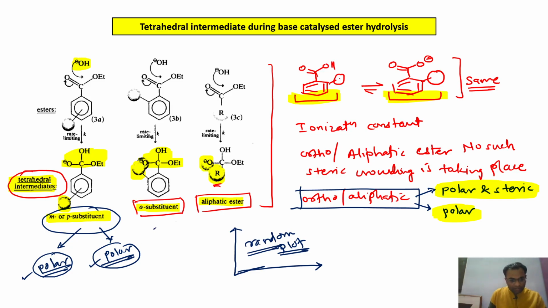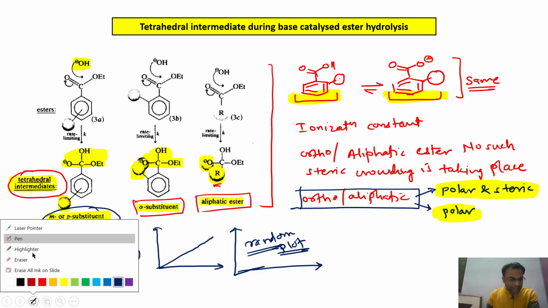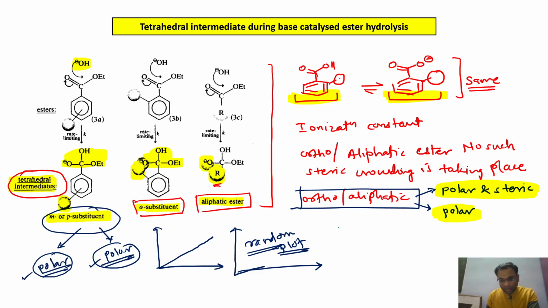And therefore for meta and para substituent, we have a straight line relationship. And therefore, the Hammett equation is applicable only for meta and para. This is the reason why the Hammett equation is applicable for meta and para substituent, where there is no steric effect.